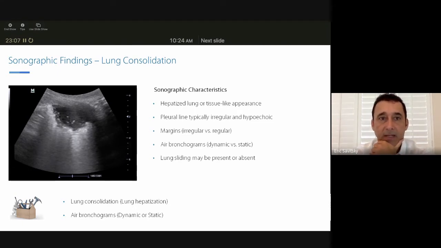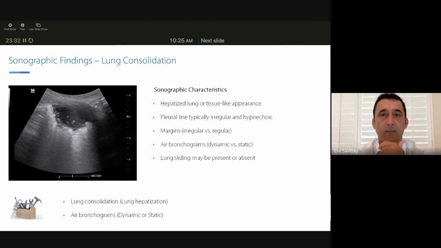Similar to that, with many lung consolidations, you get an irregular pleural surface. Here, there's basically the pleural line completely drop out. The margins along that consolidation many times are irregular. Sometimes they can be regular with atelectasis that favors atelectasis. With infectious processes that lead to consolidation, they tend to be irregular, and this looks like an irregular margin.